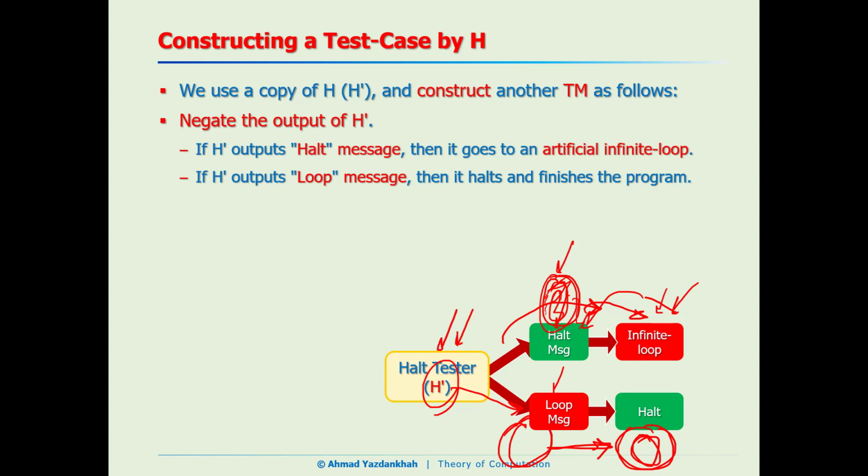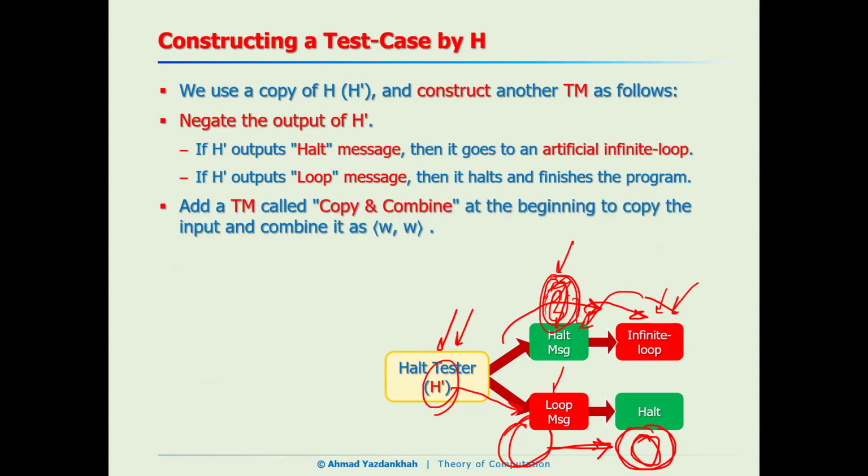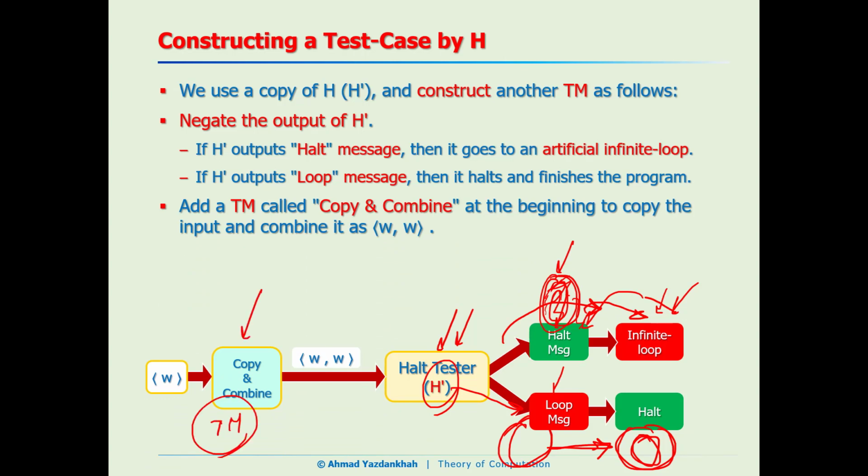We are not done yet with our test case. We create one small Turing machine whose job is to copy whatever we feed it. So if, for example, we feed it a W, it creates WW. Then the output of this machine, a small Turing machine that we call copy and combine, is fed into this halt tester H prime.